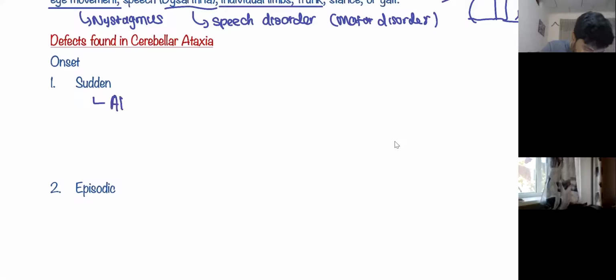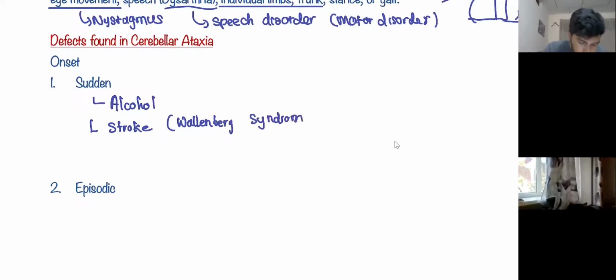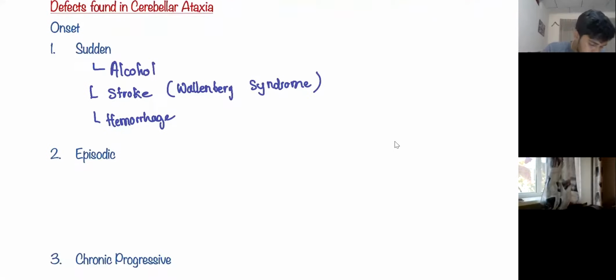Alcohol. Yes, alcohol. Another one is stroke. Strokes are usually sudden onset, and this is called Wallenberg syndrome. In Wallenberg syndrome, you can get ataxia. It could be an ischemic stroke, or it could be a hemorrhagic stroke.